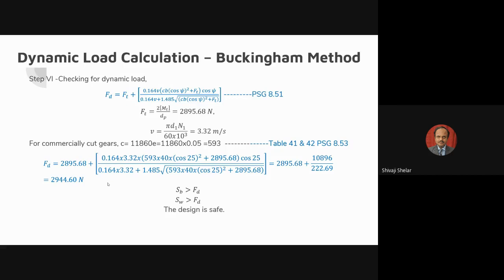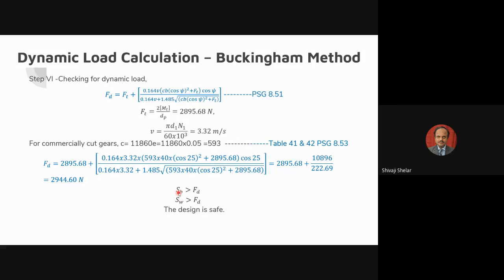Now, for the design to be safe, your dynamic load has to be lesser than your beam strength value as well as wear strength value. It means that your SB value for your gear and SW value for your gear pair should be greater than the dynamic load value.